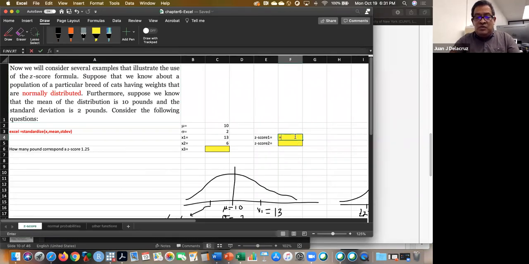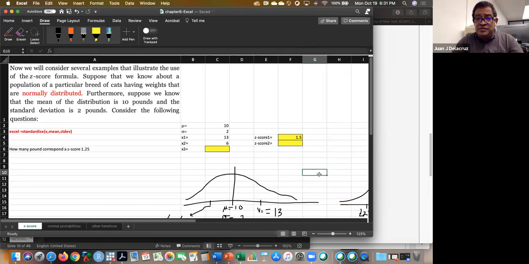I'm going to say equal STANDARDIZE, open parentheses, my x is going to be my random variable, that's the first one. Then the mean is going to be 10. Then the standard deviation is going to be 2. So it's 1.5 standard deviations to the right.